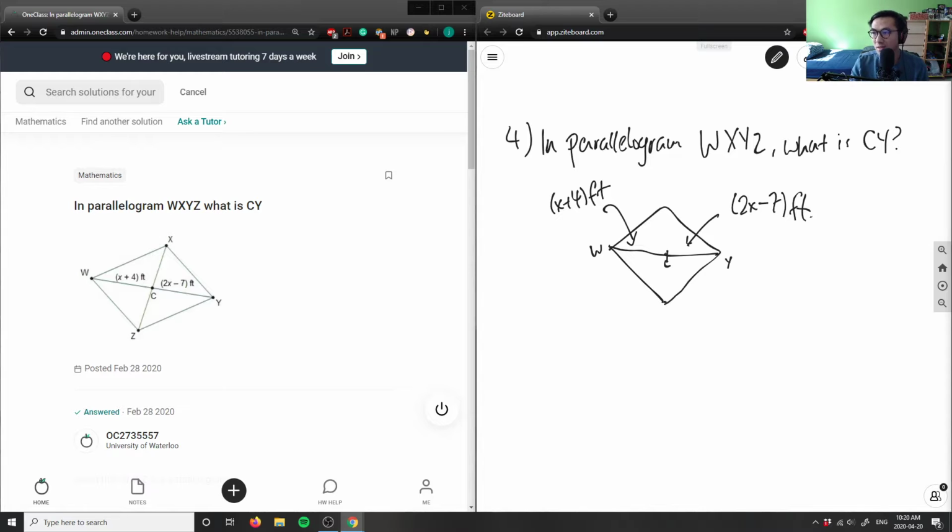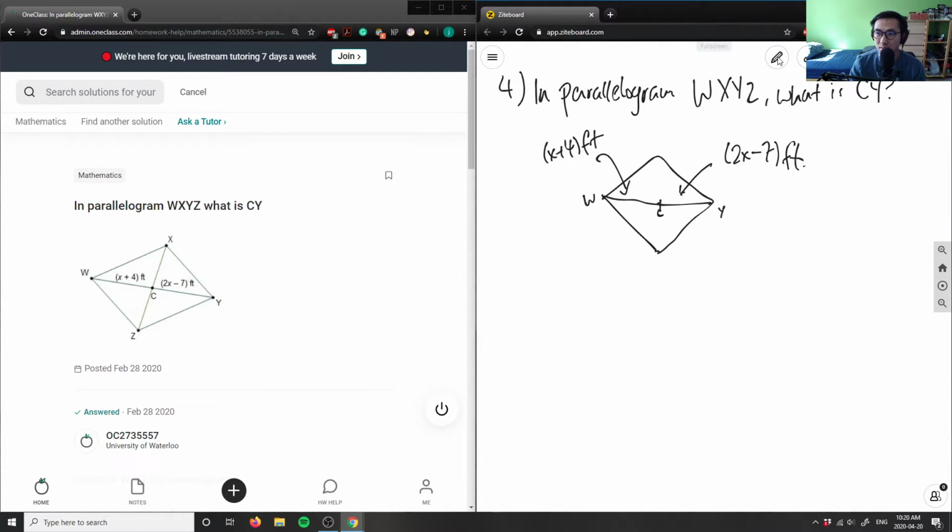Well, let's work this problem. If I know that the diagonals bisect each other, it means that this length here equals this length here. WC has to equal CY.